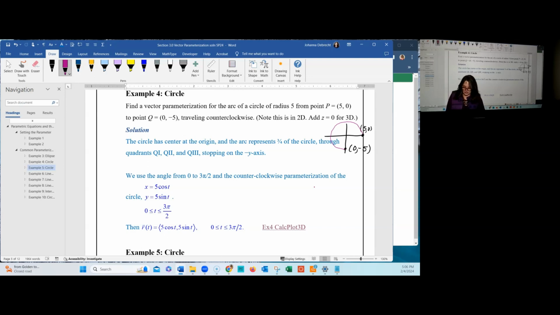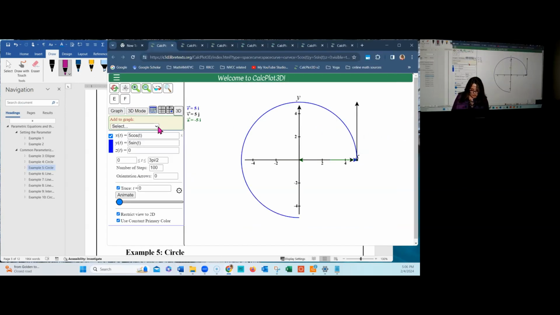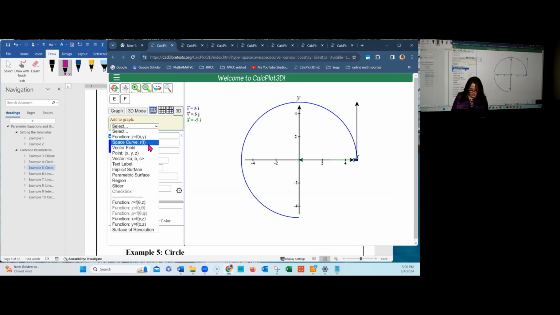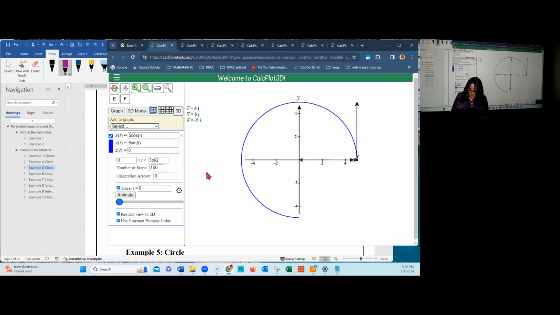Let's take a look at this one out on CalcPlot 3D. And again, what we are plotting when you click select is space curve right here, the second choice down. When we get out here, you'll notice that I have this one on restrict view to 2D so that we can see and make sure it's tracing correctly. I have in the box that t is going from 0 to 3 pi divided by 2.